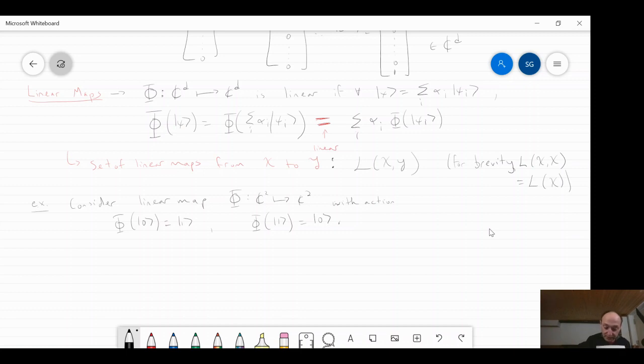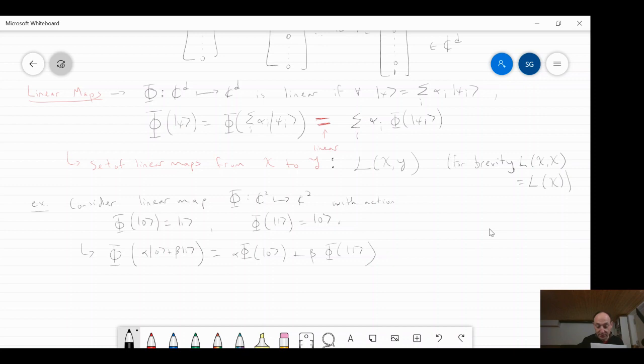But more generally, I've specified the action of the map on a basis, the orthonormal standard basis. Now if I were to take that map on any vector in the space, which can be written, of course, as alpha |0> plus beta |1>, by linearity, the nice thing is that this is just alpha phi of |0> plus beta phi of |1>.